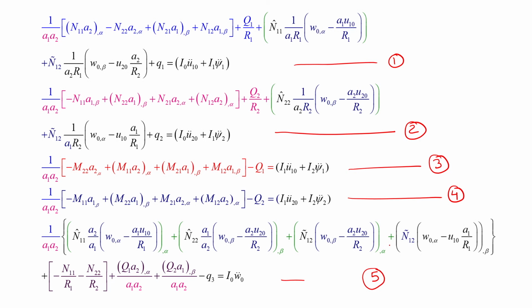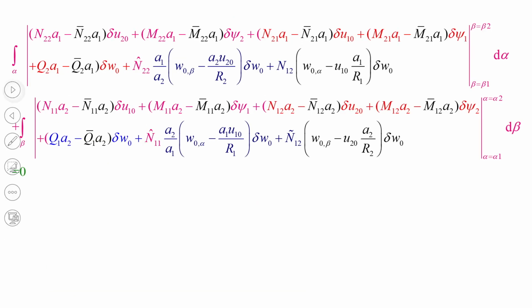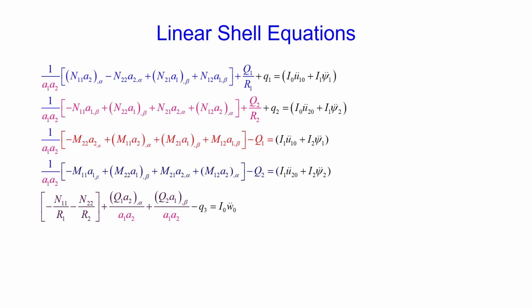So, the very first approach is to go for a linear partial differential equation for the shell. If we remove these nonlinear terms, it will reduce to first order shell differential equations, basically partial differential equations in which alpha and beta are orthogonal curvilinear parameters.